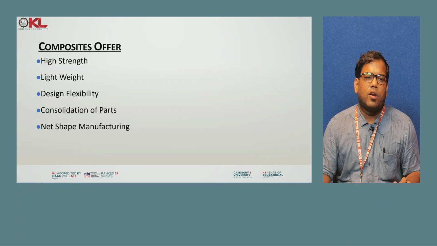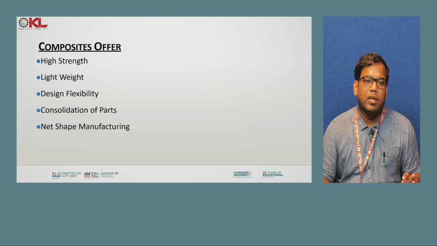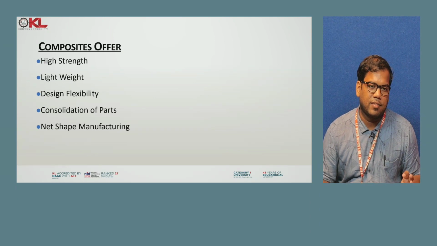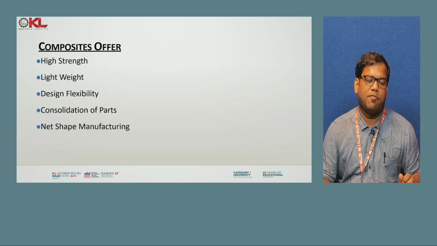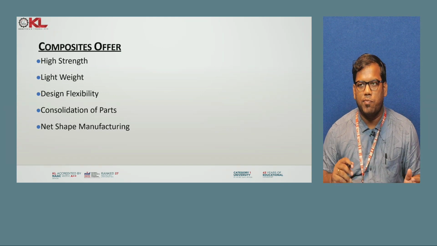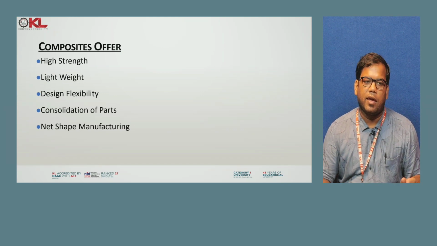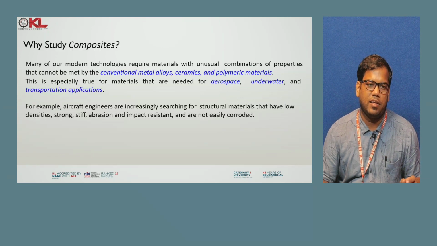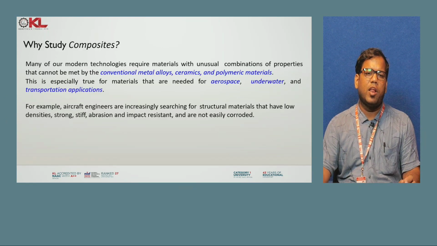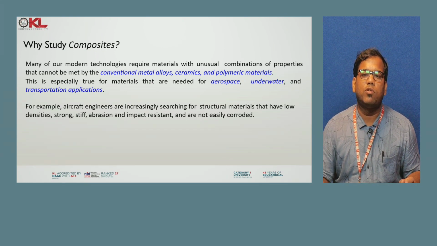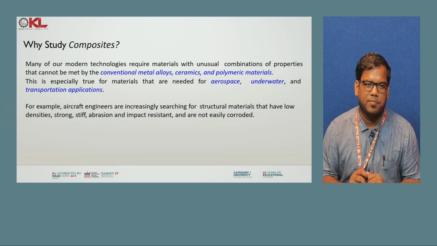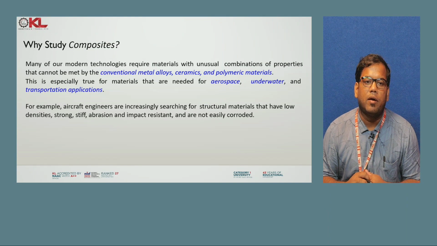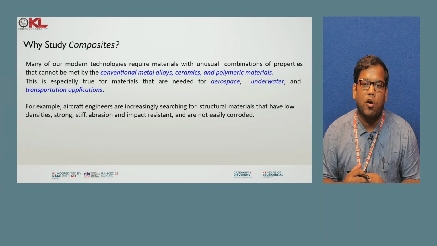Now, why would we prefer composite? First, it will give you a higher specific strength. It is lightweight, with design flexibility. You can design as per your own requirement. Consolidation of parts, net shape manufacturing. Why do we study this? Many of our modern technologies require materials with unusual combinations of property that cannot be met by conventional metal alloys, ceramic or polymeric materials.